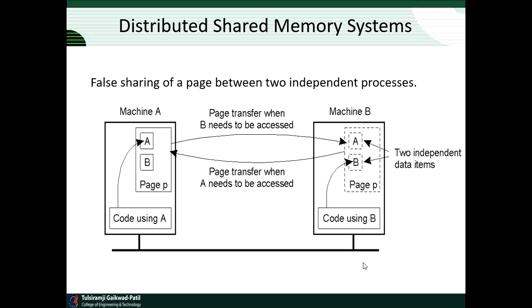So this is the page sharing amongst the 2 machines, machine A and machine B. Here on machine A the coding will be done using A, and the page P is having two things, that is A and B. A belongs to machine A and B belongs to machine B. So this is the transfer of data, transfer of memory from one machine to another machine. Whenever it is required by machine A or B, it will be transferred accordingly.